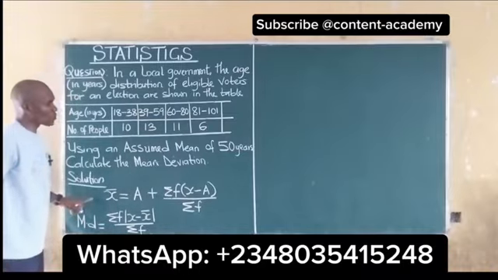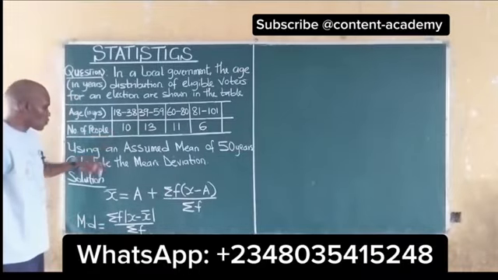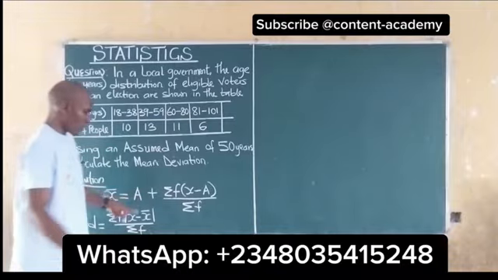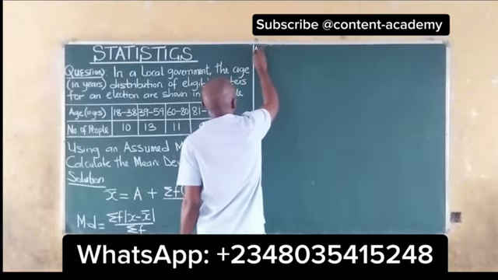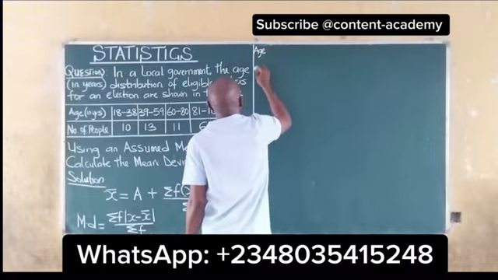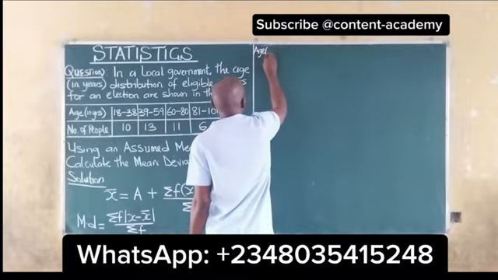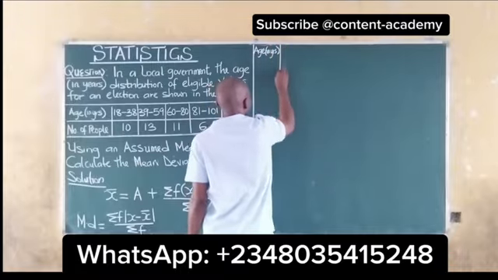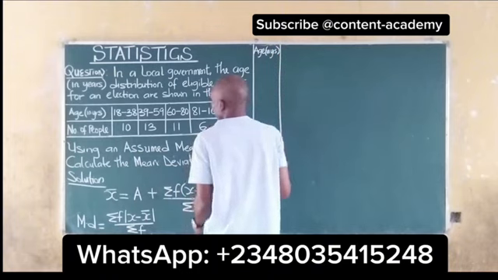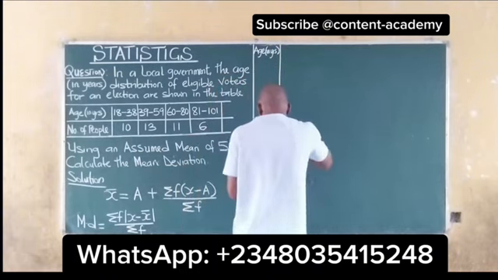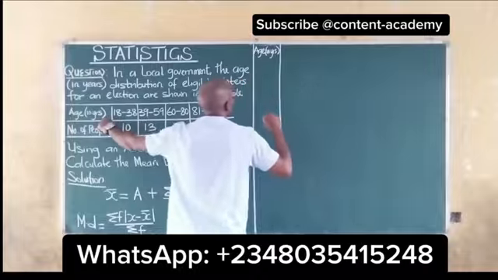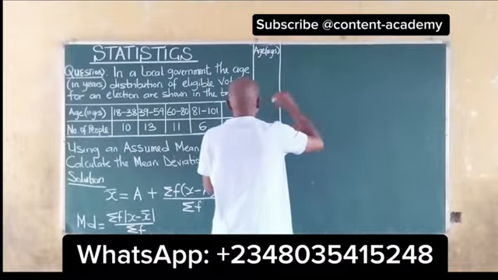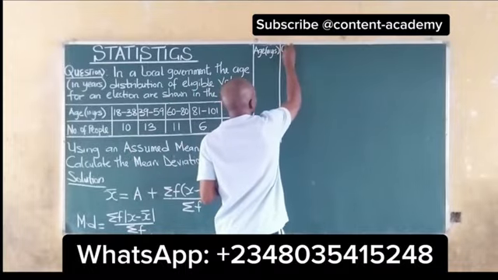Now, the next thing to do is to form a table so that we'll be able to compute what we have here. The first one, we have age. This age is in years. The second one is the number of people. Since we have age in years, we'll also put our class midpoint.